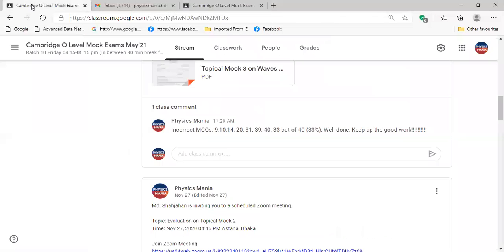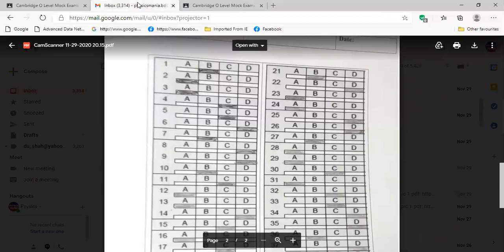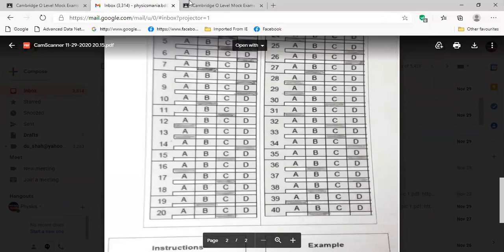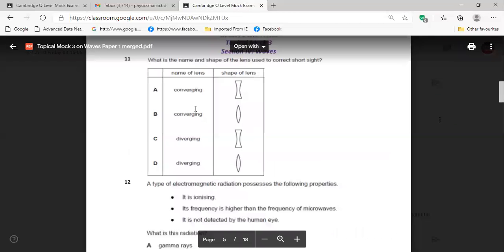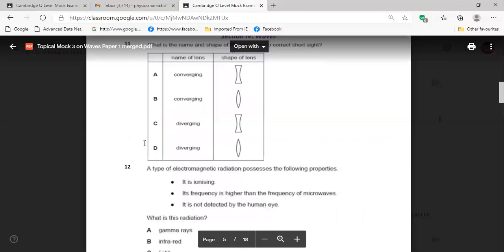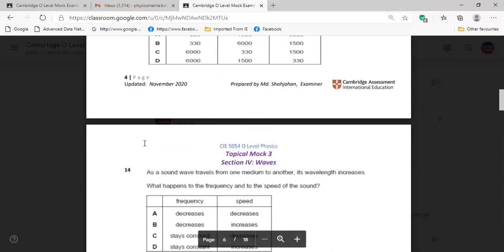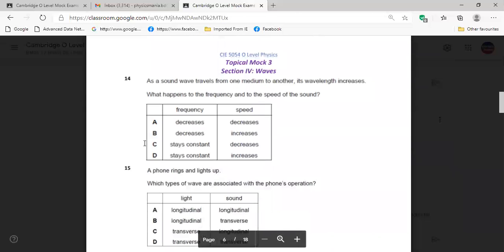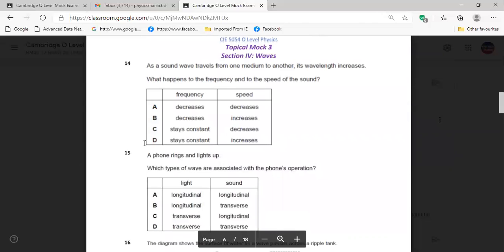Next 14. 14, you gave Dhaka. Okay, so here we have what happens to the frequency and the speed of the sound. You gave Dhaka. Frequency stays constant, correct?